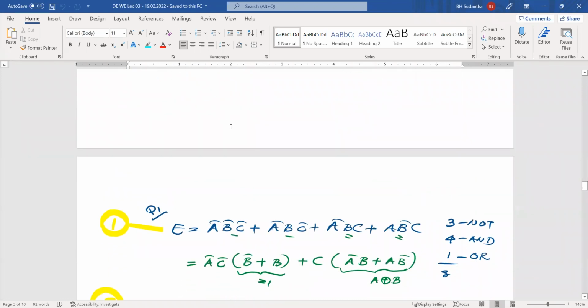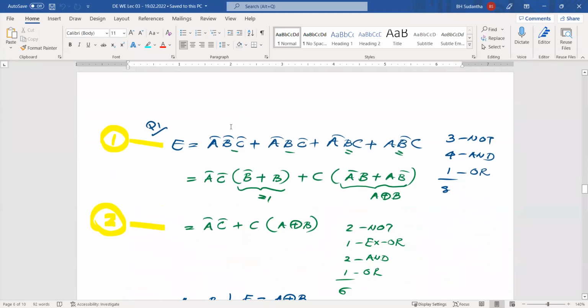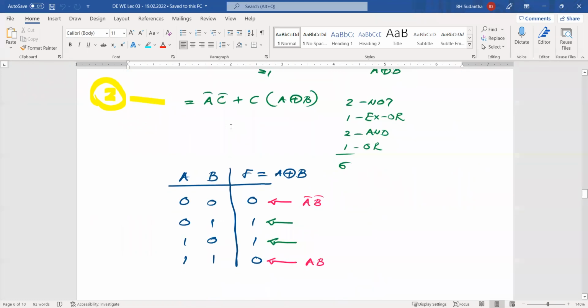Using those tools, we rearranged our equations like this. After rearranging, the resultant equation is the simplified version, and to implement it we need fewer gates than before. Because of that, we wanted to do it like that.